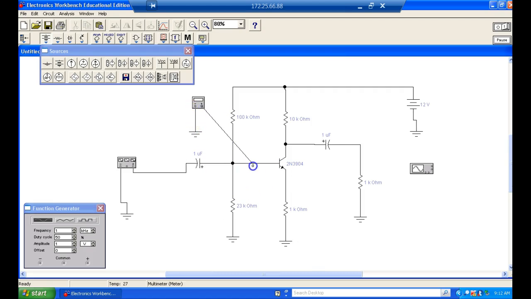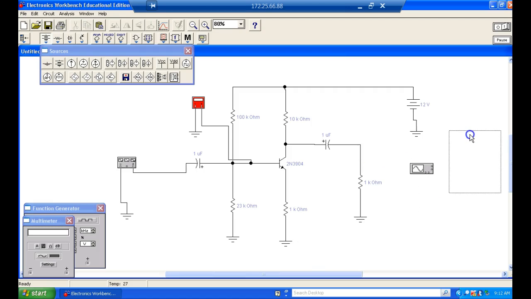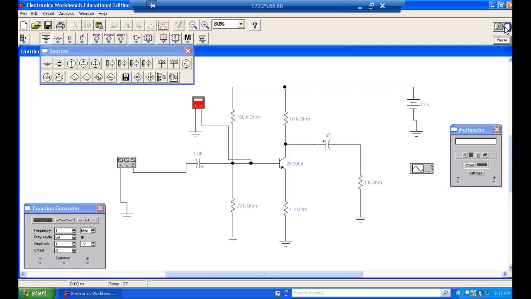So we'll bring up our voltmeter, we'll measure the base, and see if we got what we want. What do we want there? We want 2.3 volts. We didn't do too good, did we? What went wrong? 1.3.